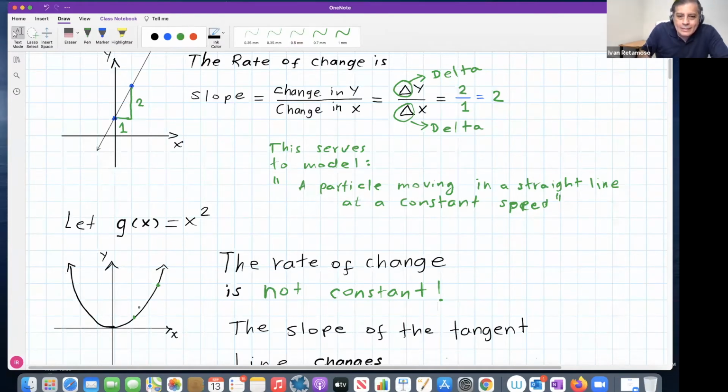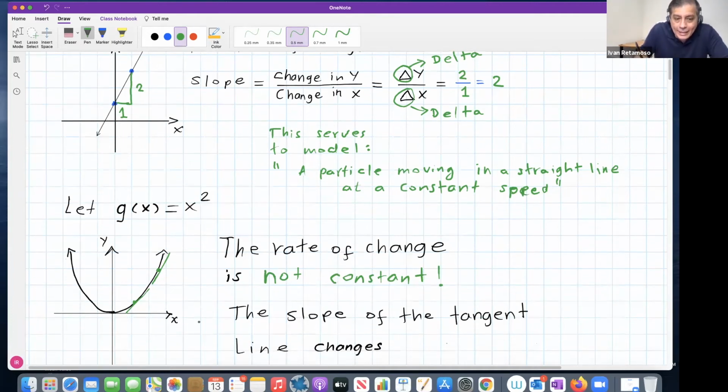So the rate of change is not the same at any point. It changes point by point, actually. It gets steeper and steeper here. Here it was just the same steepness, but here it changed. The slope of the tangent line changes, and not only that, it changes point by point.